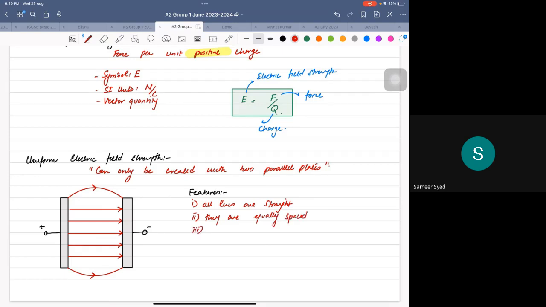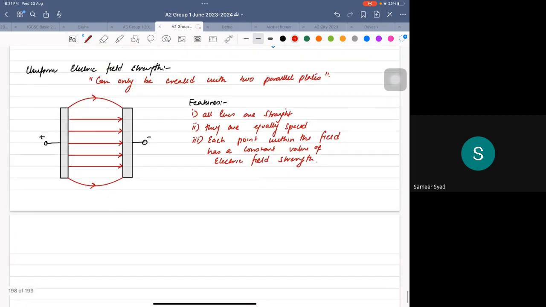Number three, each point within the field has a constant value of electric field strength. So within the field, wherever you go, electric field strength is constant. That is why it is called uniform. Okay, just like that. Then copy this, please, and then we're gonna go forward.